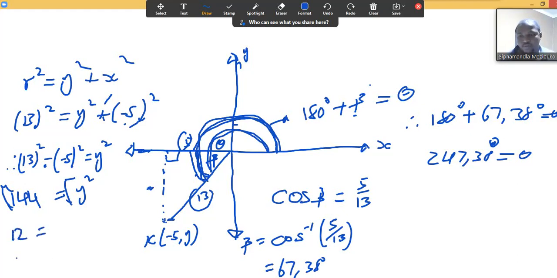So 12 is equal to y. From here to here is equal to 12. So this should be minus 12, and then we should have our k as minus 5, minus 12. Okay, so that is the case.